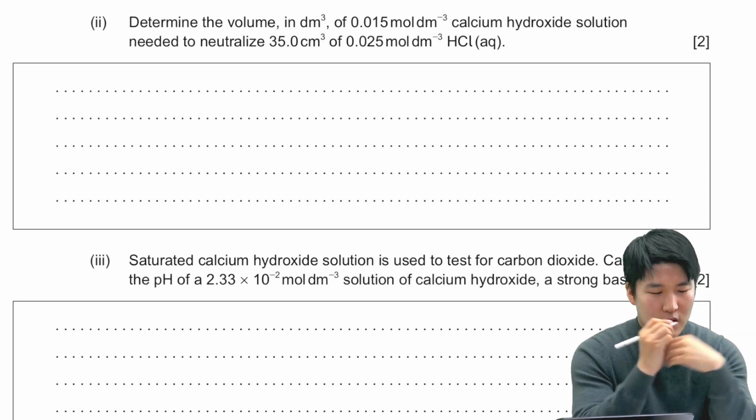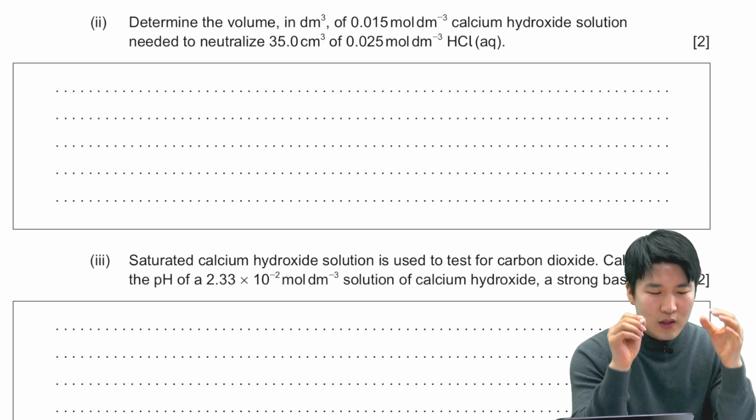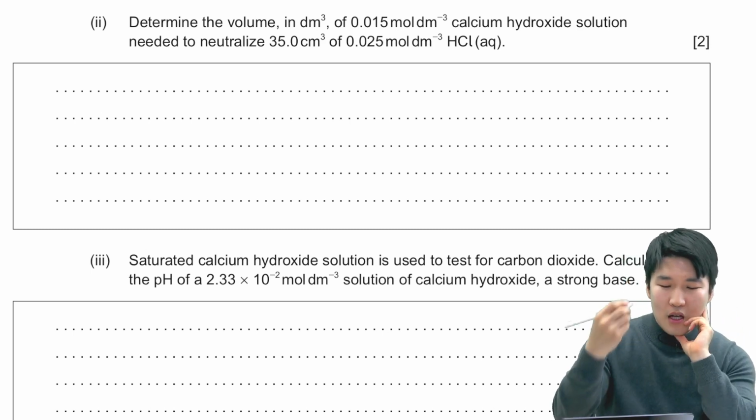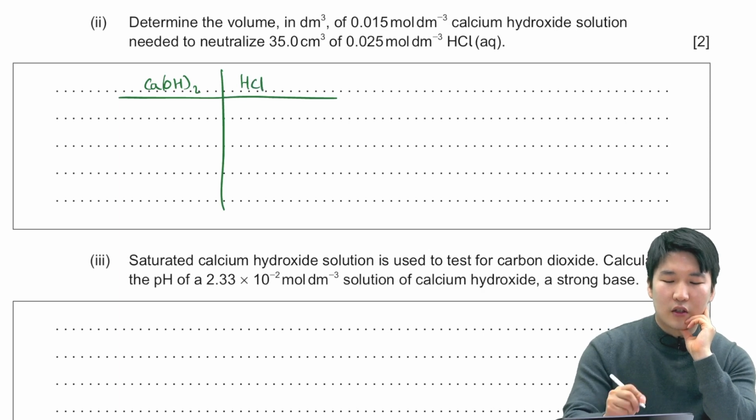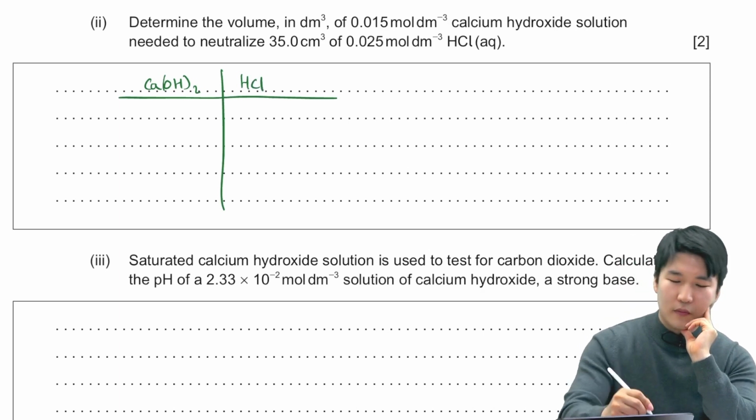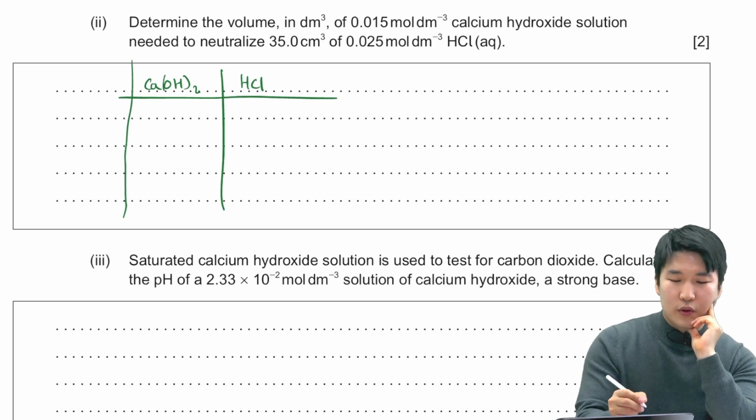So for titration of neutralization reaction, always draw a table. A table where we have our calcium hydroxide on the left column and HCl on the right column. We're going to have 3 rows.